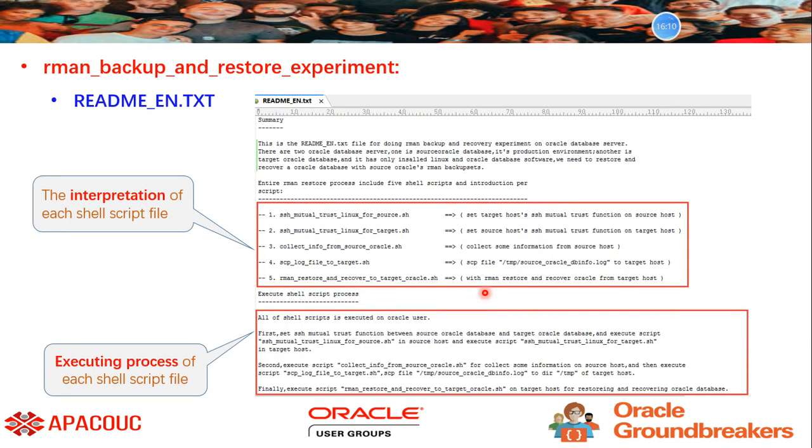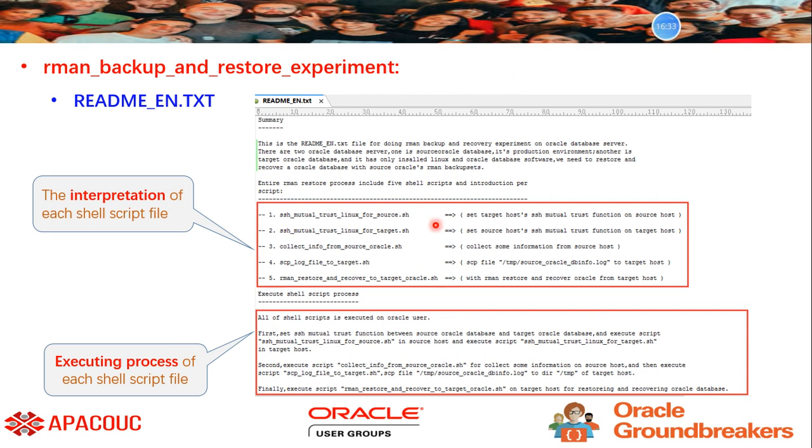In this slide, I show you the full content of readme english.txt. The first portion is the summary. Next, I introduce each shell script file's special function in the second one.